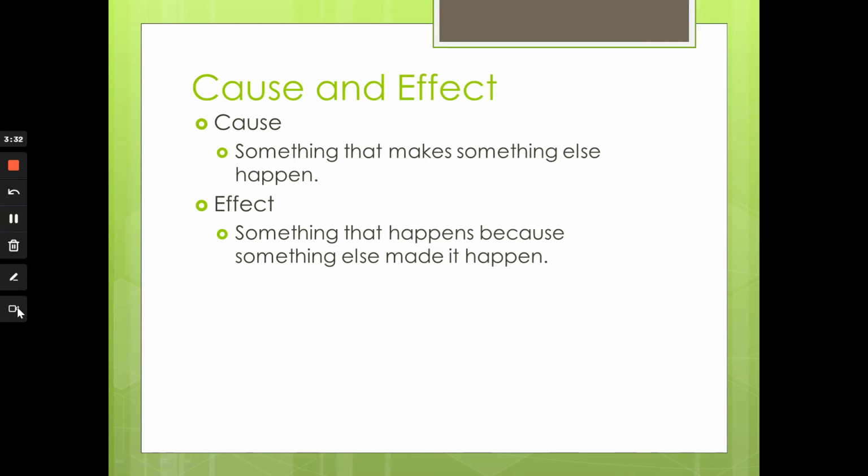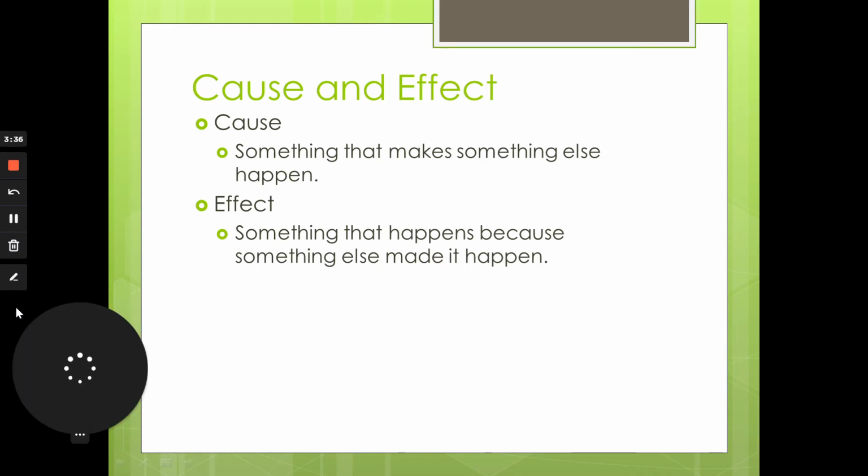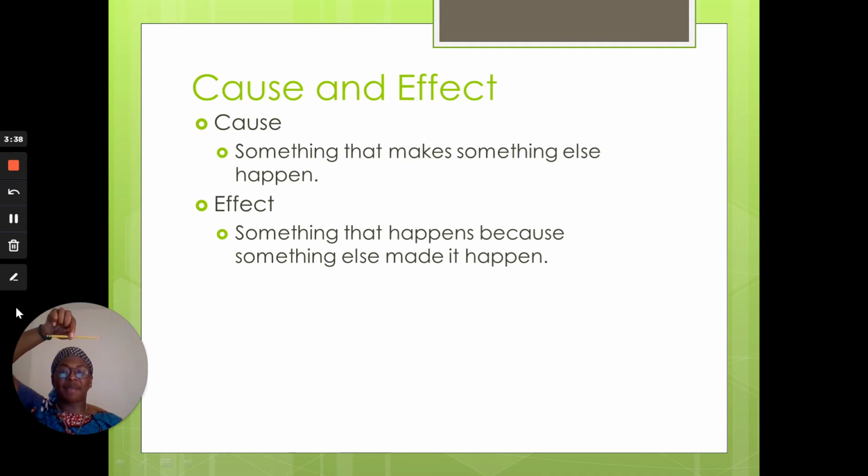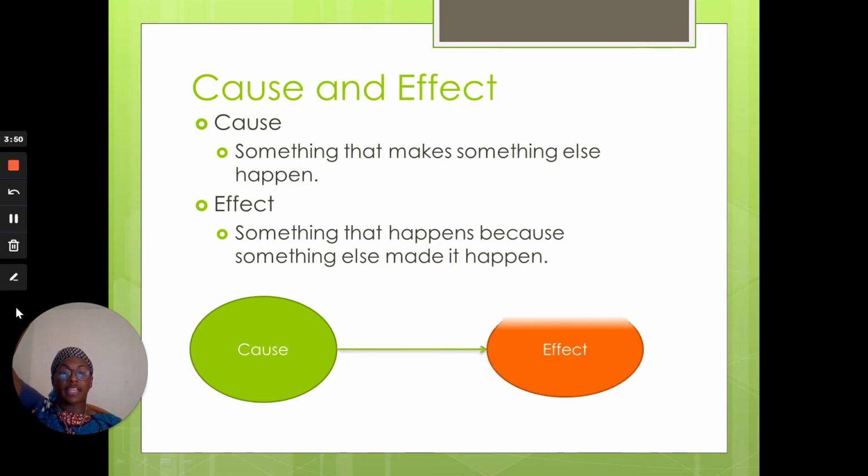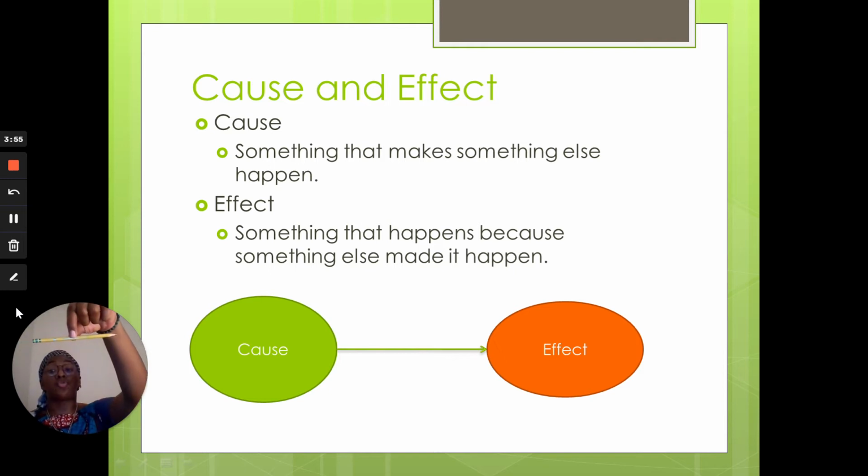So let me give an example. I have a pencil in my hand. There you go. I have a pencil in my hand and I drop my pencil, right? That is the cause. If I drop my pencil, that is the cause. The effect is that my pencil fell on the desk. I had to drop my pencil first before it fell on the desk.